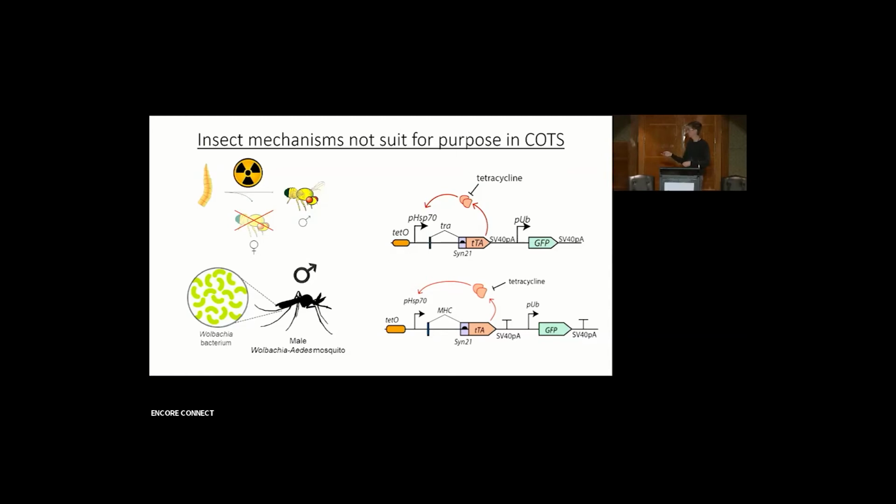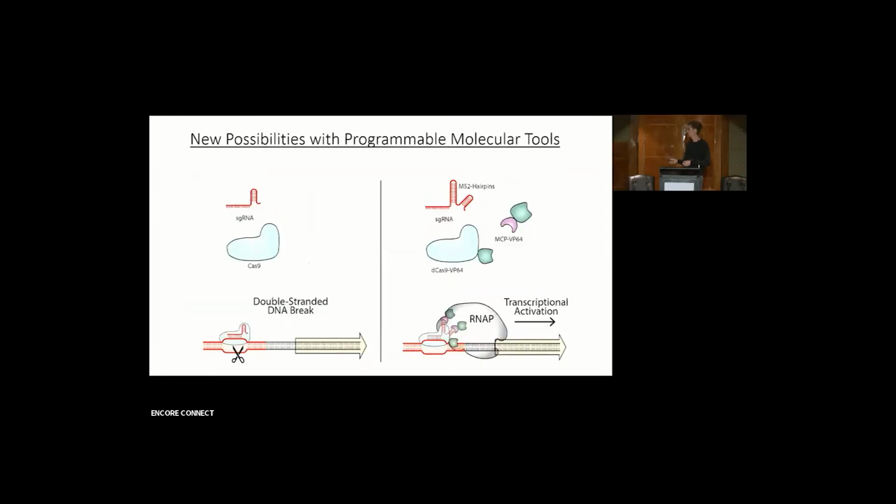And all of those could theoretically be adapted to crown-of-thorns, but they're based off of basically a couple of decades of research into characterizing a lot of these genetic components, and it would take a long time to get a lot of these genetic circuits to work well in Cots. So more immediately, there are probably some other options. And those options are based off of some of these new possibilities that are emerging from CRISPR.